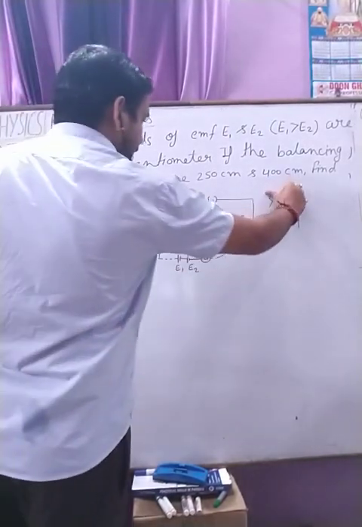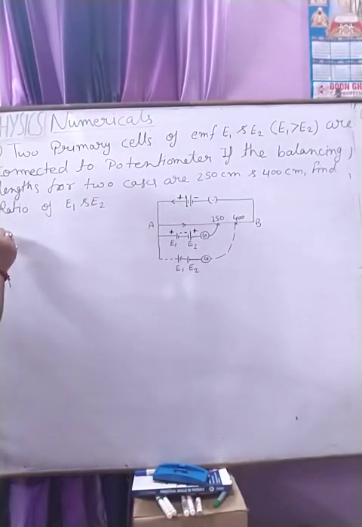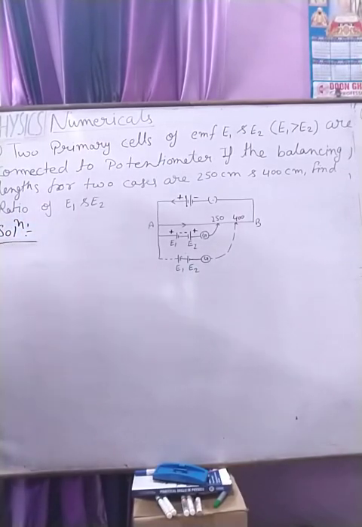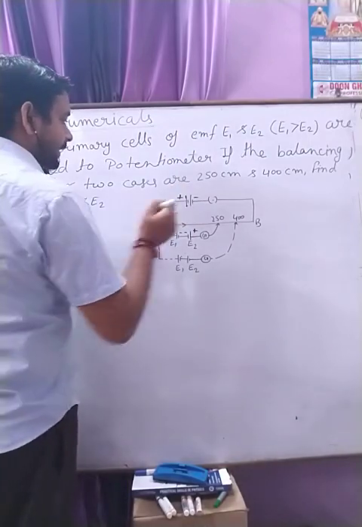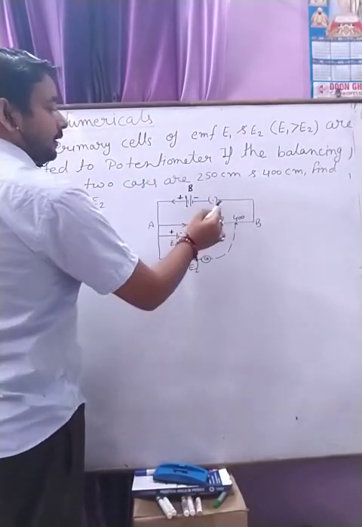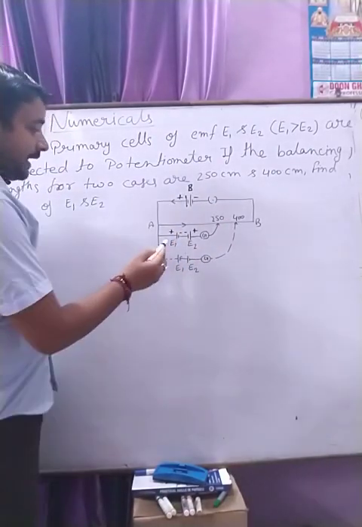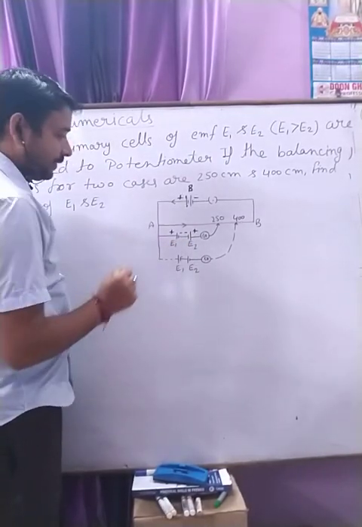Okay, for calculating this, first we understand the circuit. This is the external source battery which is connected in a potentiometer, and cells E1 and E2 are connected in series.